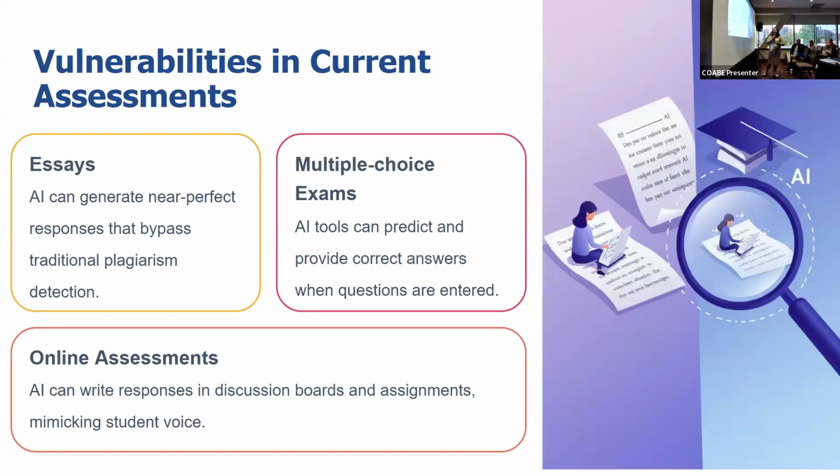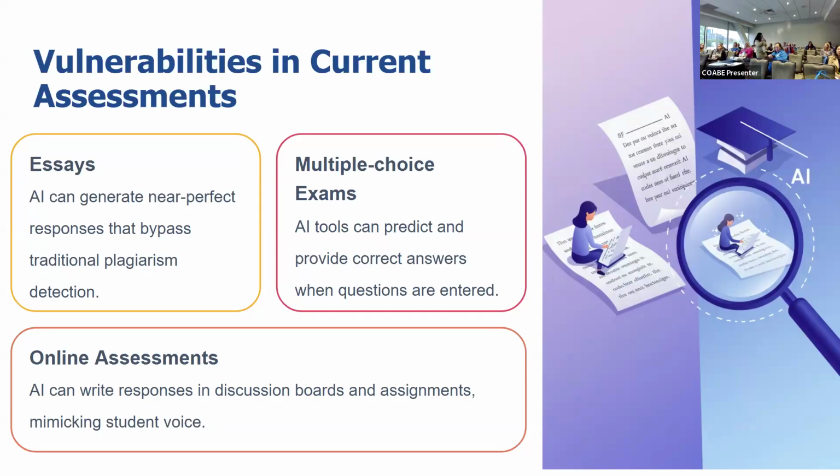AI tools can predict and provide correct answers when questions are entered. And then some traditional online assessments like discussion boards and other assignments mimicking student voice. So even though personal reflections are great, and sometimes AI can't replicate that, if you're good at prompting, prompt engineering, you can get it to mimic a student voice, a student opinion.